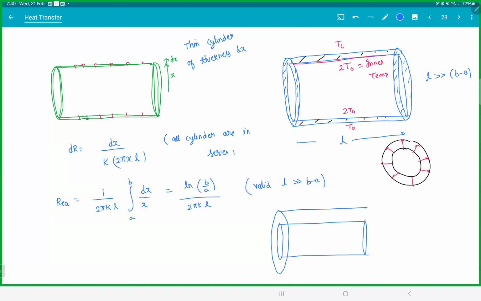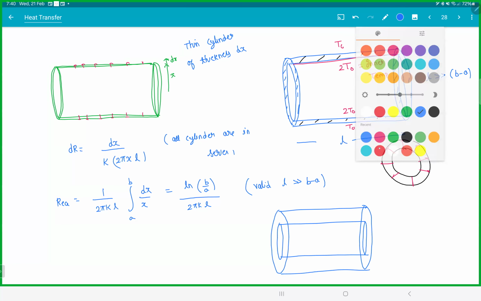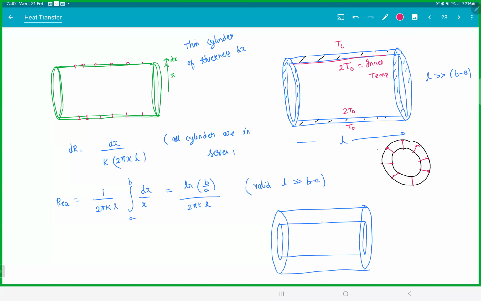If the cylinder is too thick, see what happens. How will the heat flow? Heat in the center has no problem. It will go straight, straight, straight. As you come to the edges, the heat will start bending towards the edges, isn't it? This side is open, so heat will start going to the edges. Heat at the edges will not flow radially.